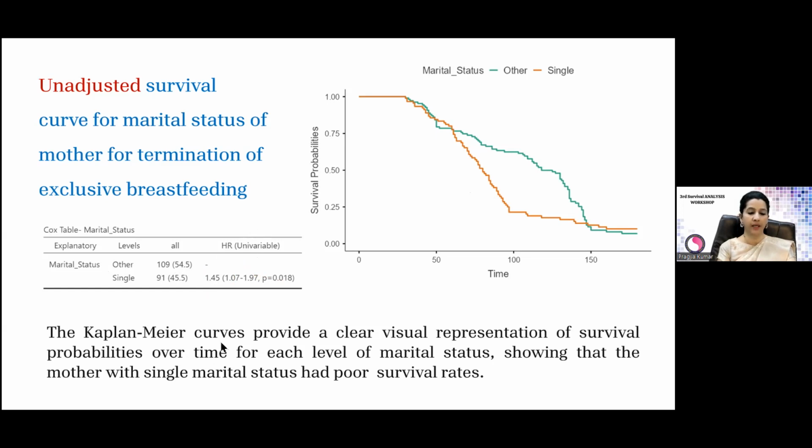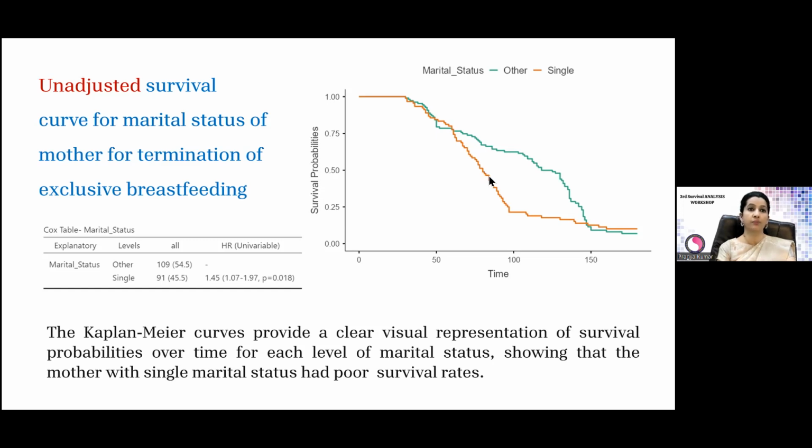Here the Kaplan-Meier curve provides a clear visual representation of survival probability over time. Kaplan-Meier is also giving you the survival probability, and this green one is the other. The survival probability is better with the other marital status, and this orange one is for the single.